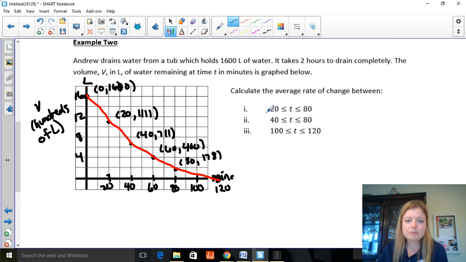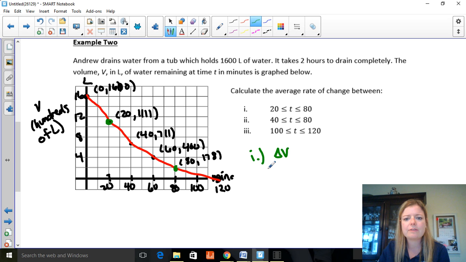The reason that we're doing this is to practice using the function notation properly and to be able to compare the difference. So the first is between a time of 20 and a time of 80. So that's between this point, I'll use a different color, and this point. This is question I. We're going to call it average rate of change.